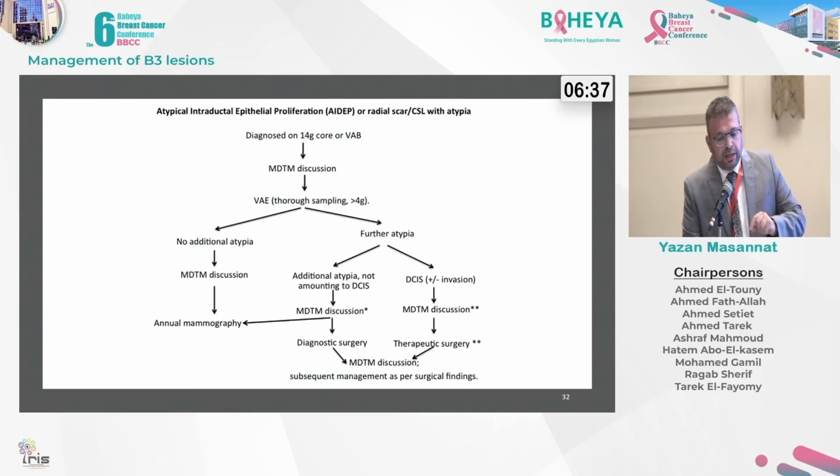So in the UK guidelines, if the biopsy shows ADH, then we do vacuum-assisted excision of the area with this sampling up to 4 grams or more. If there is no more atypia, or if the atypia is only ADH, then we do high-risk screening, yearly mammograms. But of course, if there is DCIS or malignancy, then you treat that. That's the UK guidelines.